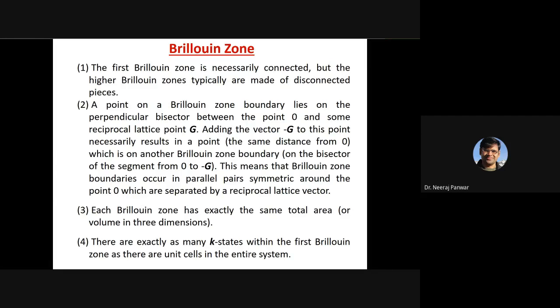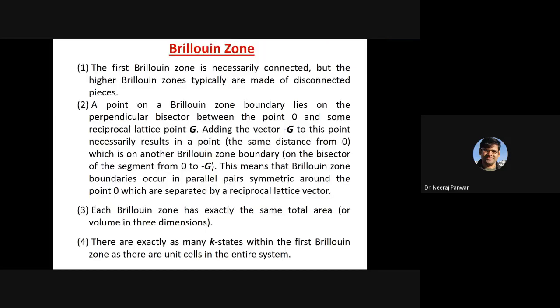This fourth statement says that, for example, if we have n unit cells in the crystal, then there will be n K points in the first Brillouin zone. If there are 2n unit cells in the crystal, then there will be 2n K points in the first Brillouin zone.